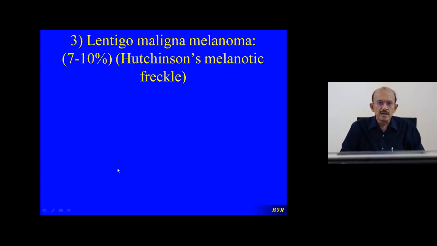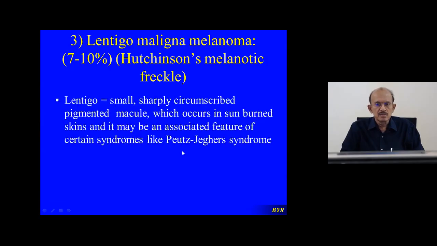Then the third variety is called the lentigo maligna melanoma. It is also called Hutchinson's melanotic freckle. Lentigo means a small, sharply circumscribed pigmented macule, which occurs in sunburned skins and may be an associated feature of certain syndromes like Peutz-Jeghers syndrome. What is Peutz-Jeghers syndrome?